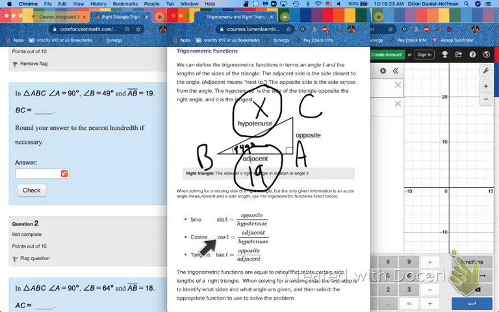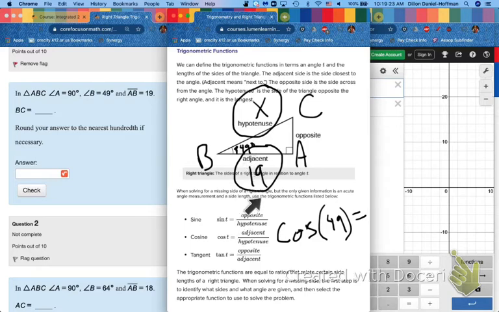All right, so watch what we do here. So I write the cosine, and inside these parentheses always goes our angle B. So I've got cosine of 49 is equal to, and I need to write out adjacent over hypotenuse.